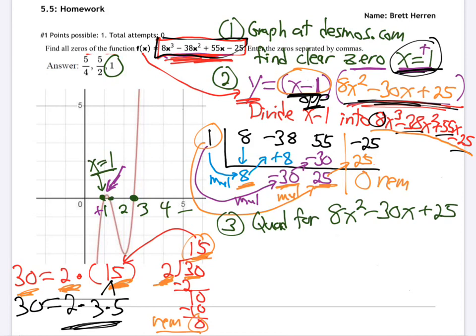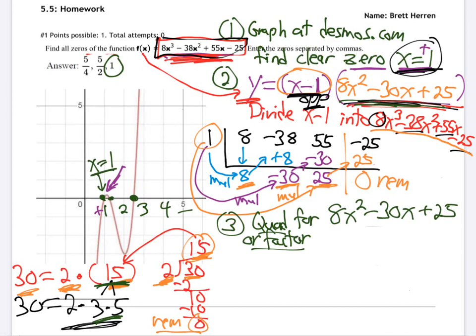I'll say it either way. You can either do the quad or factor to break down that last part. Just like we broke down the 15, we factored it 3 times 5. We're going to break down this 8x squared minus 30x plus 25 by the quad or by factoring. So now let me go to a fresh screen here to do it.